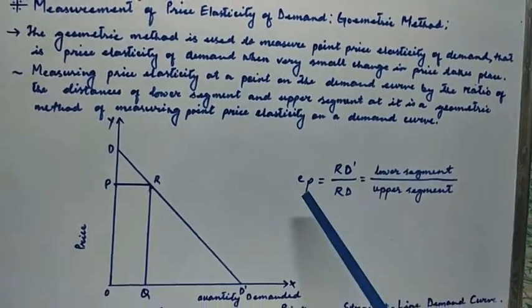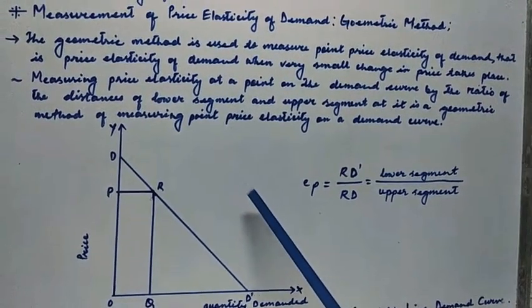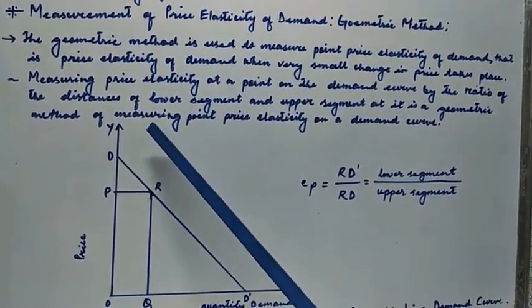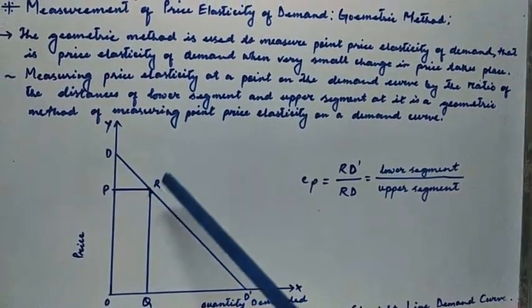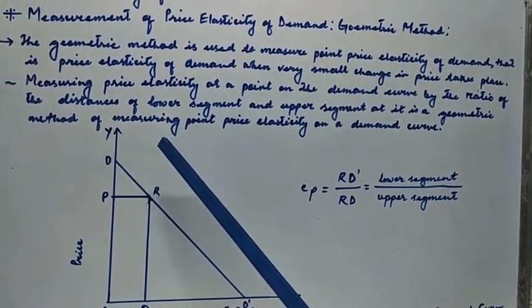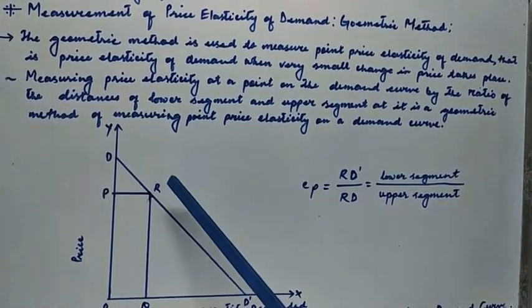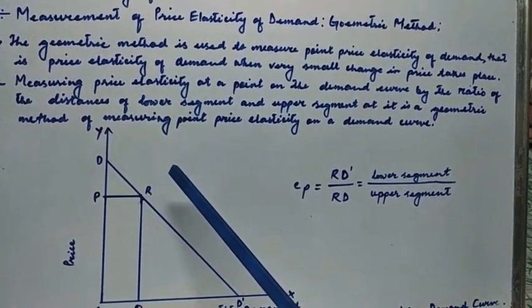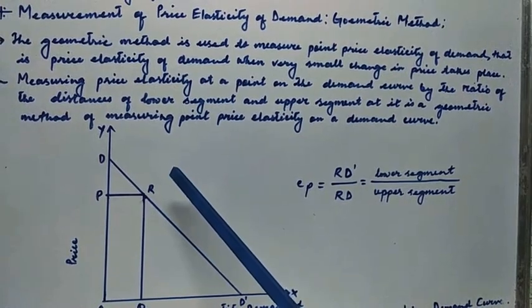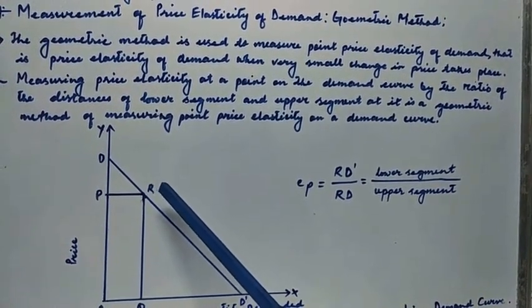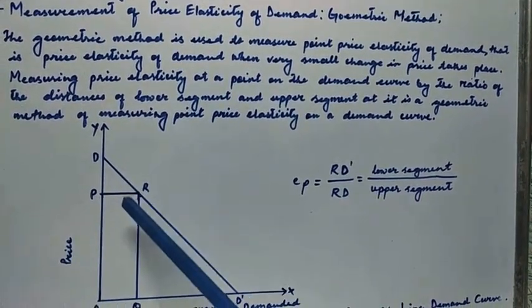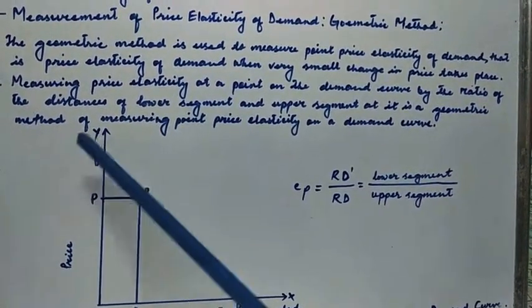So what actually we have to do in the geometric method while measuring the price elasticity of the straight line demand curve, let us say at point R? Under this geometric method we have to measure the price elasticity at point R by the ratio of the distance of the lower segment and the upper segment.